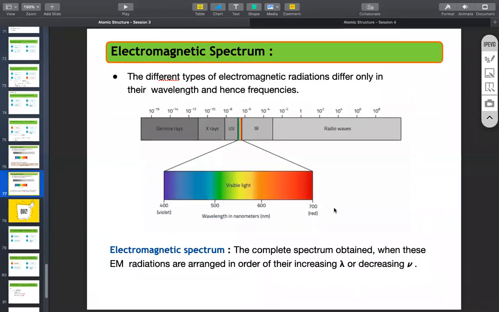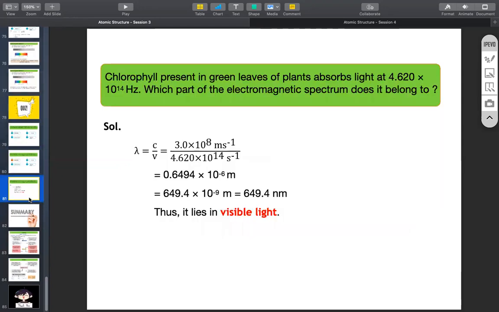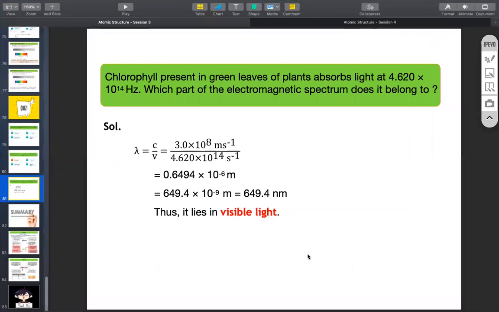So whatever comes under this range will be visible light. If the wavelength comes under this range, it is visible light. Got it? Yes, sir. Thank you, sir. I am moving to the next thing.